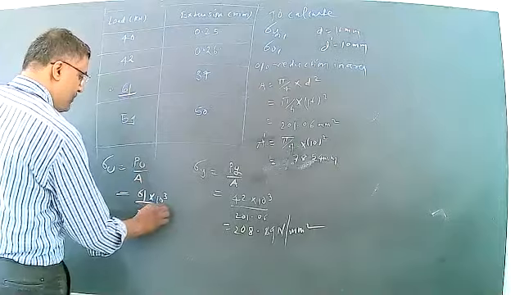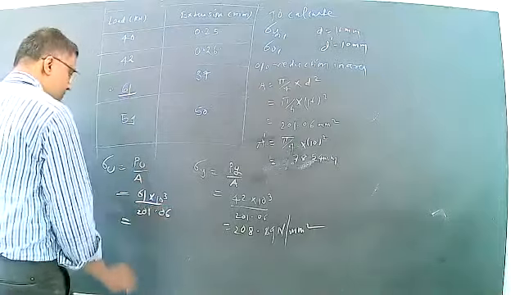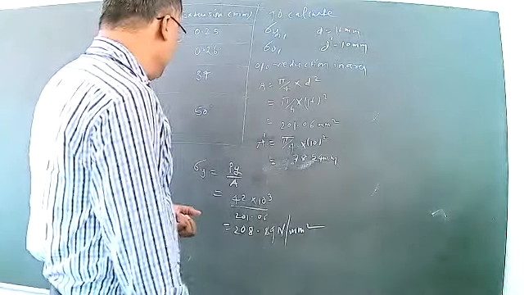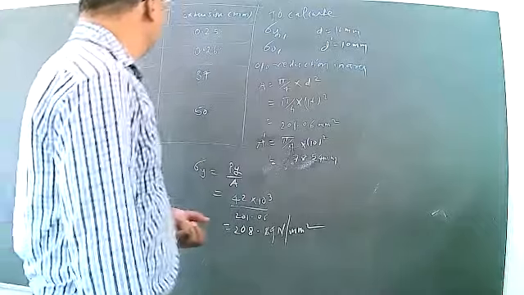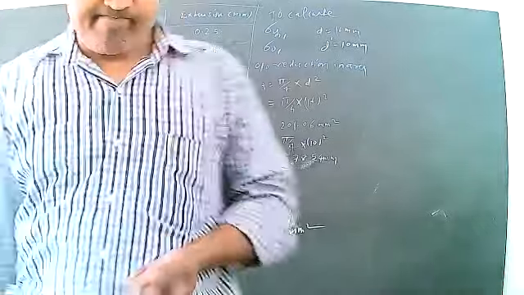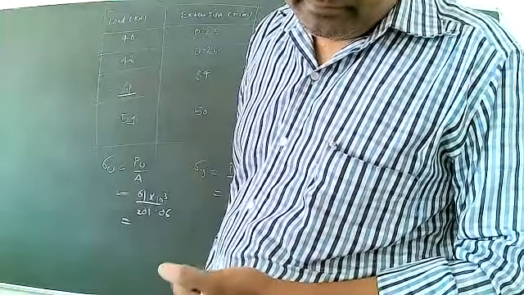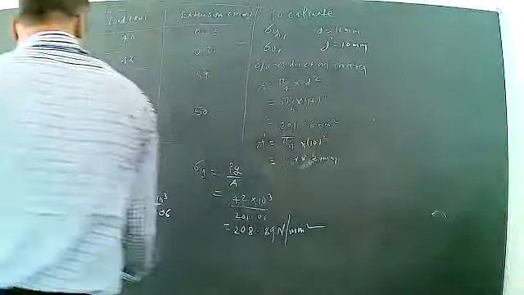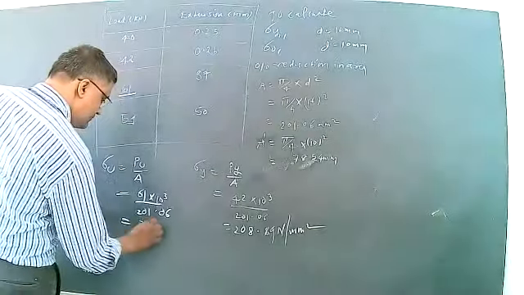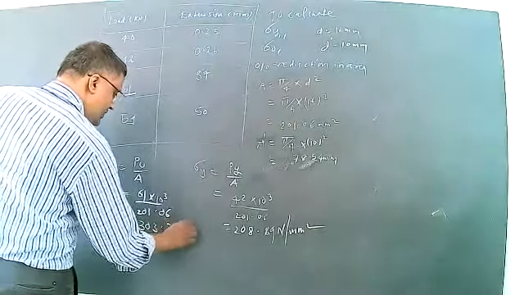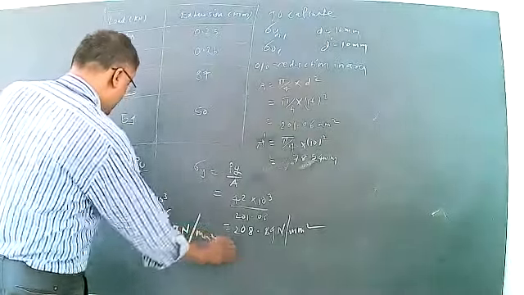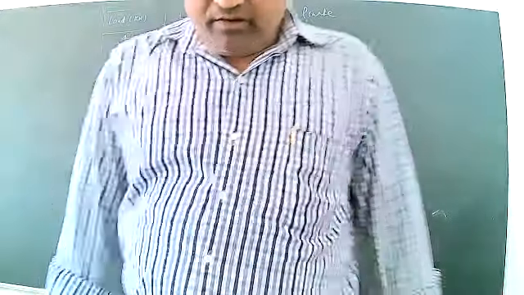The area is 201.06, we found that area. The answer is 303.39 Newton per mm square.